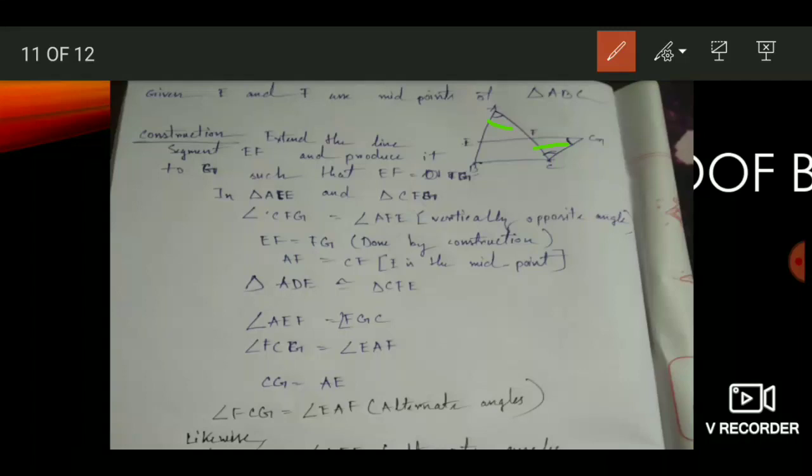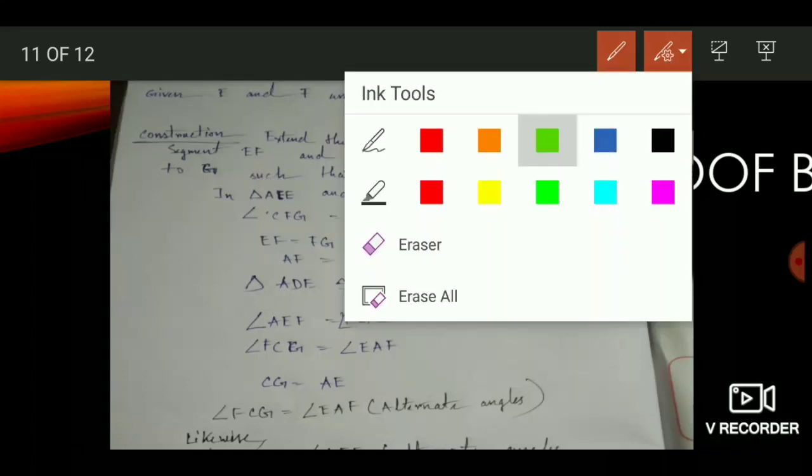If you see it properly, these are the alternate angles. Now we can easily say that AC is a transversal, and this line and this line are parallel.